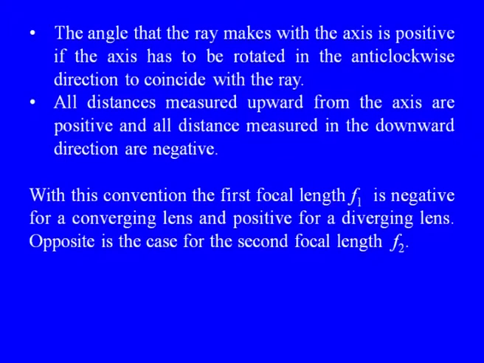This sign convention should be pretty familiar. Now, with this convention, the first focal length f1 is negative for a converging lens, because this point comes on the left of the lens, and positive for a diverging lens, which is a double concave lens, and opposite is the case for the second focal length f2.